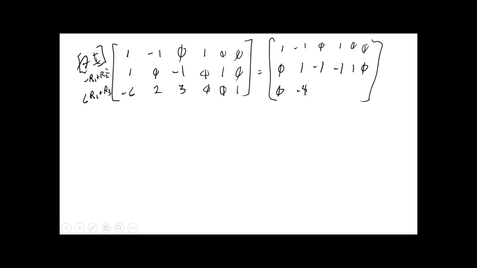I'm doing my addition in my head. 6 times 0 is 0, plus 3 is 3. 6 times 1 is 6, plus 0 is 6. 6 times 0 is 0, plus 0 is 0. And 6 times 0 is 0, plus 1 is 1.